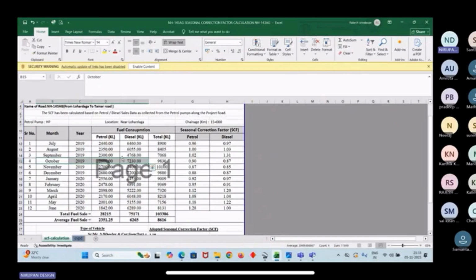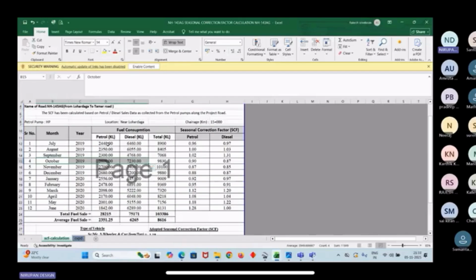Suppose you have done a traffic survey in October, but the actual traffic is less than the October traffic. So we have to multiply by a factor, since this is a higher one, a reduction factor, to manage or match with the other months' traffic also.